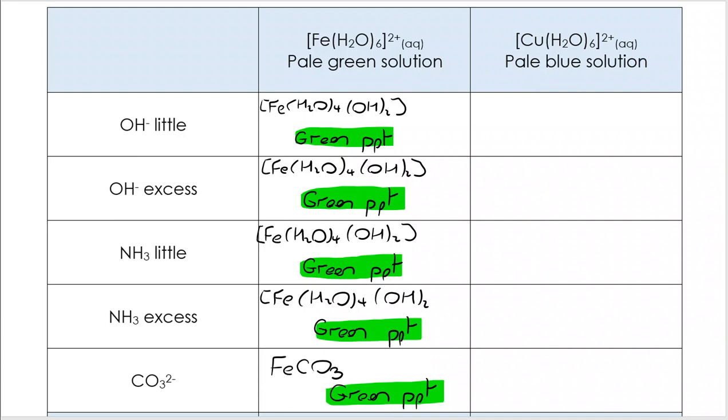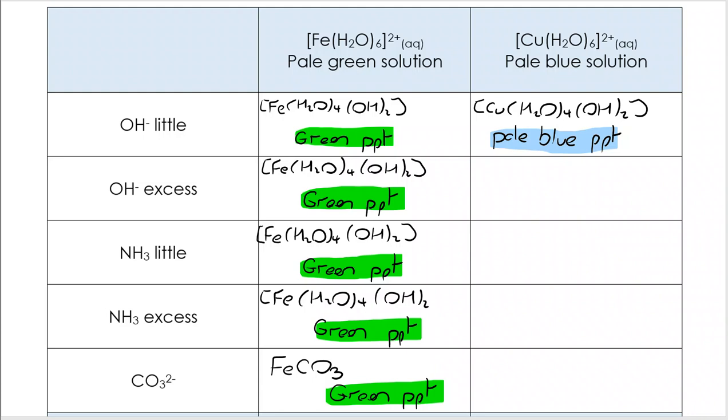Now let's move over to the copper 2 complex, Cu(H2O)6 2+. You need to remember, by the way, the initial pale blue solution. If you add a little bit of OH minus, you will end up making a precipitate. We will get as far as Cu(H2O)4(OH)2. You have got to remember that the colour is pale blue.